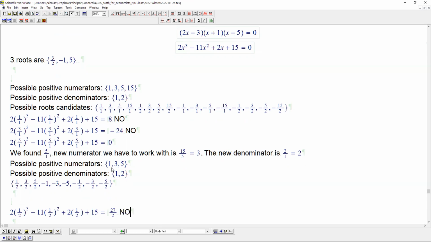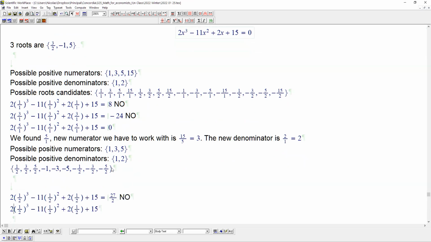So no. Let's try 3/2. Zero. So yes. We have the second one, 3/2, and we have one last to find, which is -1.